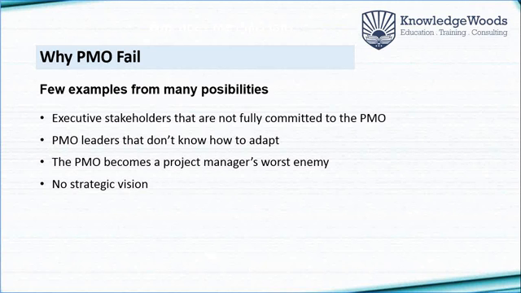If a PMO is not adding value to the organization, if it is not bringing about a cultural change, won't it lose value in the organization? So a PMO should always be relevant to the organization. It should do its daily job related to projects, but it should also add value by improving processes, suggesting which project to retain, which to prioritize, which to kill, and how to consolidate various projects based on opportunities that are there.